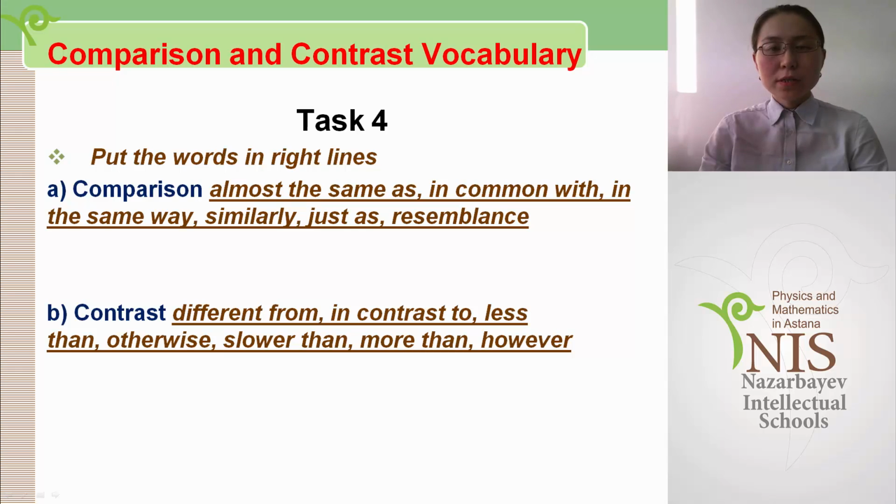For comparison, we use the following phrases: almost the same as, in common with, in the same way, similarly, just as, and resemblance. Resemblance means similarity. And what about B? Contrast. Different from, in contrast to, less than, otherwise, slower than, more than, however.